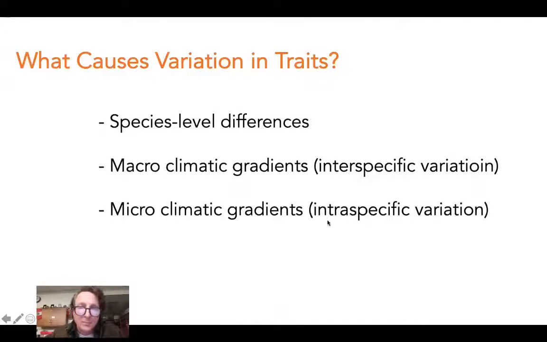But increasingly, we're now also interested in understanding intraspecific trait variation. And so a lot of variation in intraspecific variation is due to microclimatic gradients. So very local differences in soil temperature or soil moisture, or even biotic interactions that happen at a very small temporal and spatial scale. Okay. So a lot of different processes are involved in influencing species level differences at large spatial, temporal, and evolutionary scales, but also we can talk about differences at small scales.